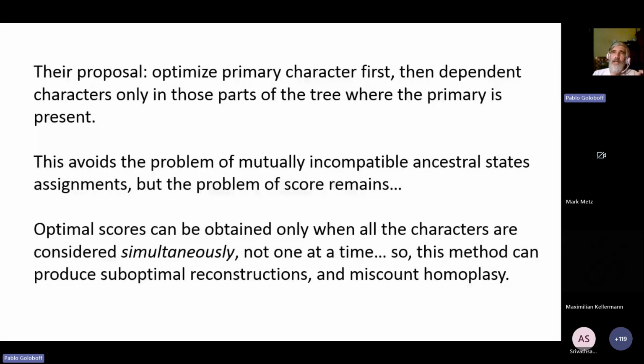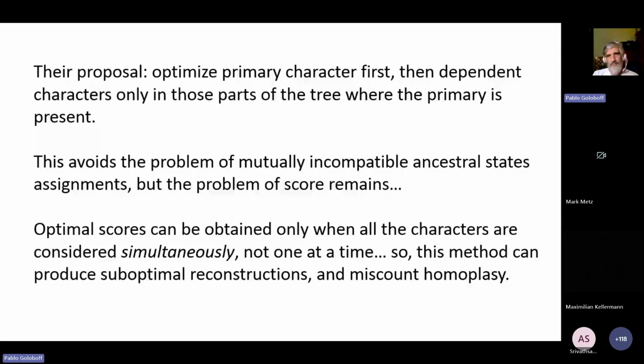Remember that I said when I was showing the examples from the perspective of the Laet's criterion, the optimal scores can be obtained only when all the characters are considered simultaneously, not one at a time. You cannot look at the tail first and then later at the other characters. You have to look at all the characters at the same time. Therefore, this method can produce suboptimal reconstructions and miscount homoplasy.